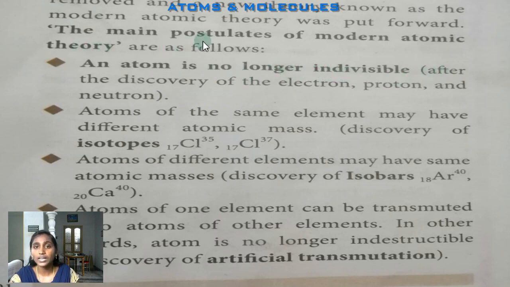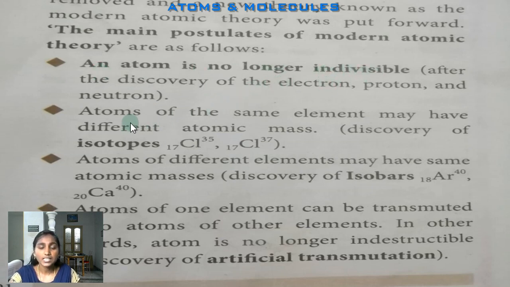So in modern atomic theory, the first point is: an atom is no longer indivisible. That means an atom is divisible after the discovery of electron, proton and neutron. Have you understood the first point? So what is the first point? An atom is no longer indivisible.